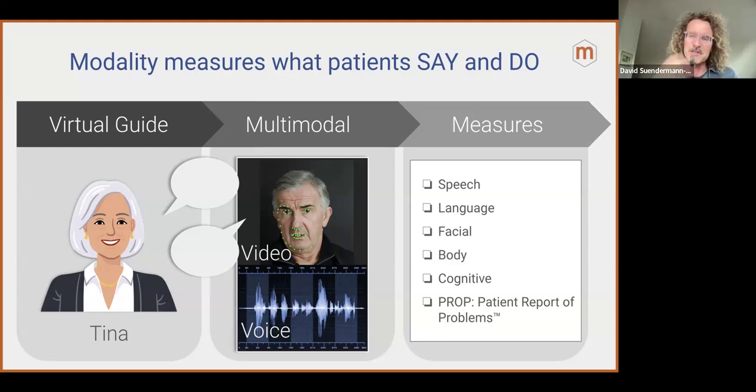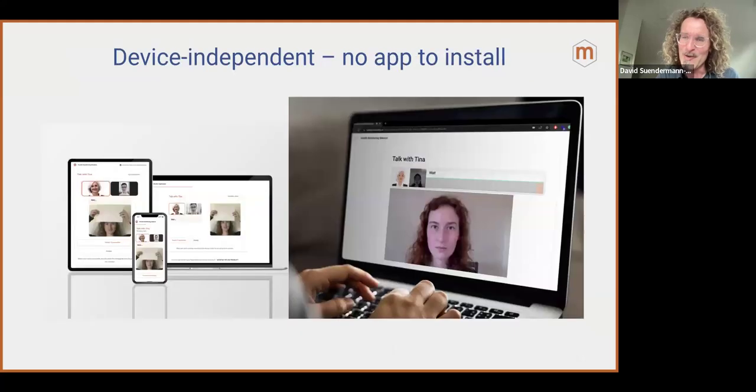She also asks patients to go through certain exercises like speaking exercises or facial movement or finger tapping exercises, so we can also quantify function and quantify communication and other traits that are of importance, quantifying the specific progression of the disease and treatment response as well. So speech, language, facial movements, body movements, and the prop, the patient-reported problems, are of importance.